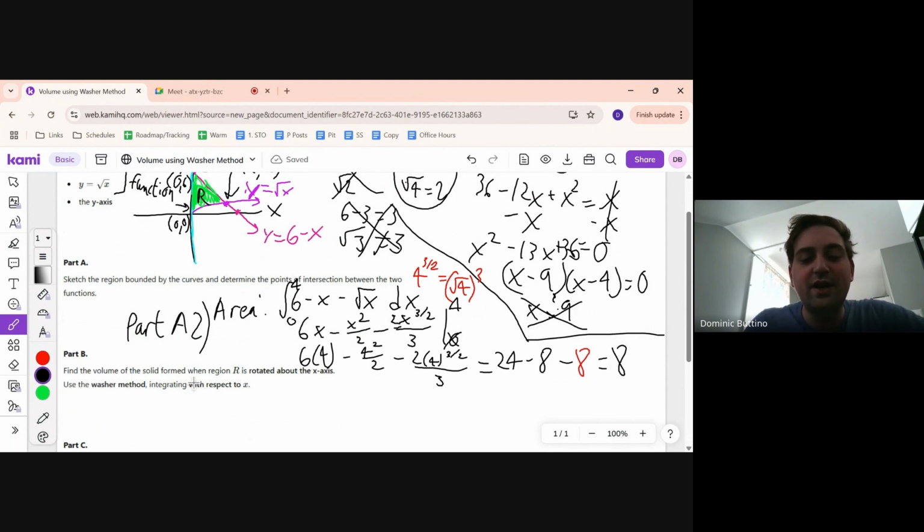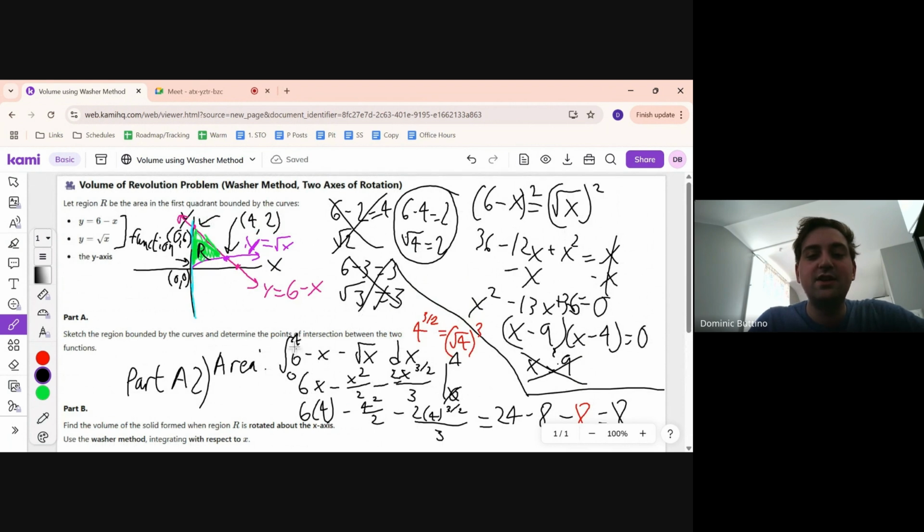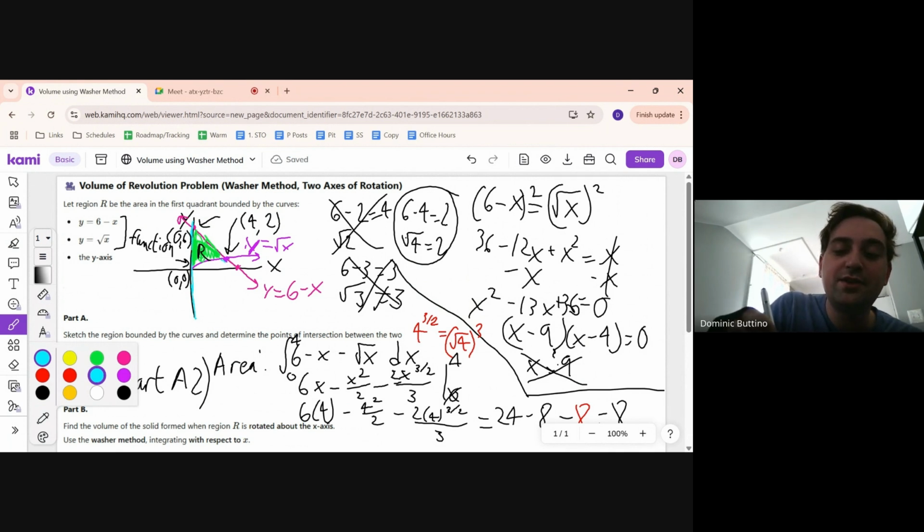Next, find the volume of the solid formed when region R is rotated about the x-axis. Use the washer method integrating with respect to x. So what happens now is this region is going to go around.